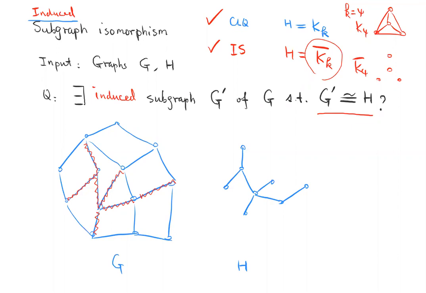All right, so let's see one more problem on graphs. The traveling salesman problem. This one is a very important problem. What we have as input is a weighted complete graph.